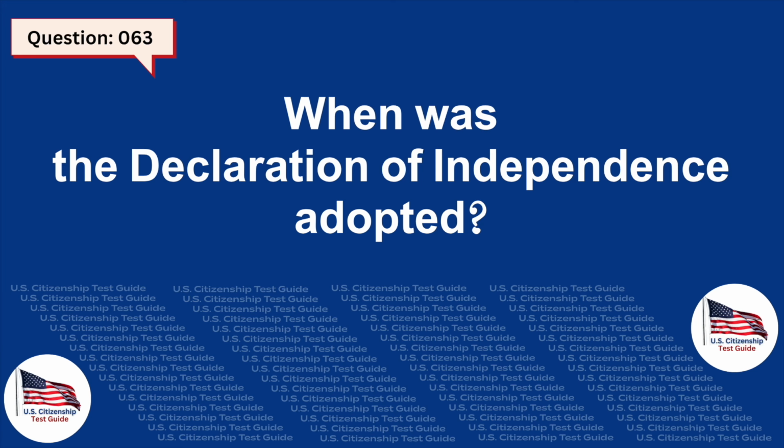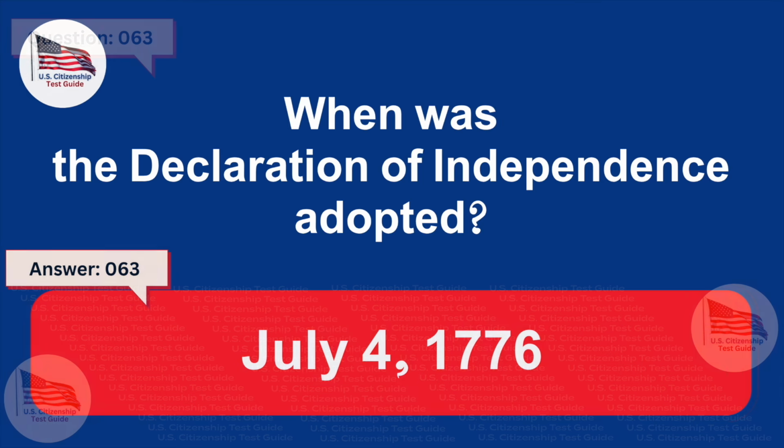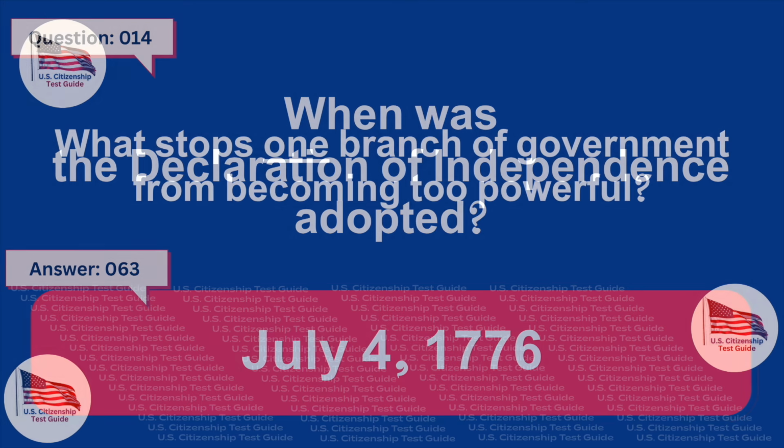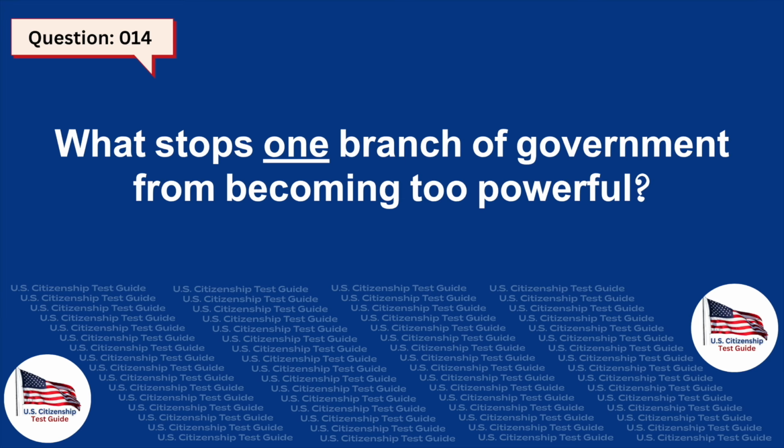When was the Declaration of Independence adopted? July 4, 1776. What stops one branch of government from becoming too powerful?